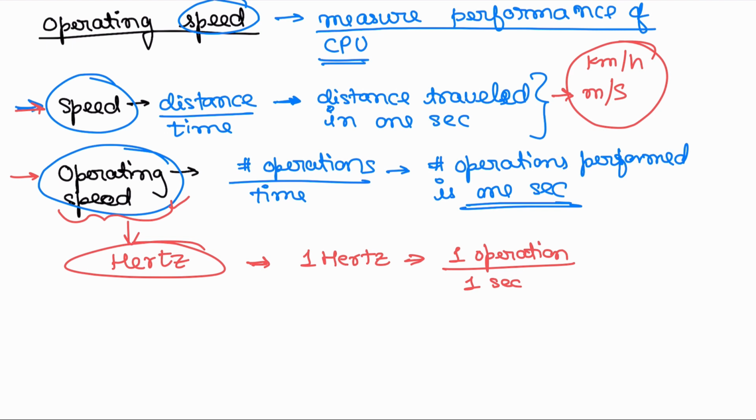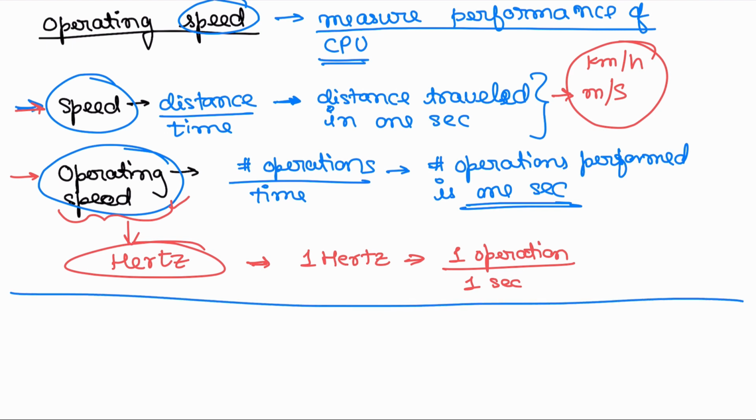For example, if you want to measure the performance of a mobile, say you have an iPhone 12, you must have seen that iPhone 12 has a 3.1 gigahertz processor, right?